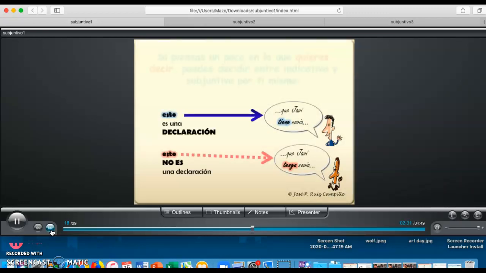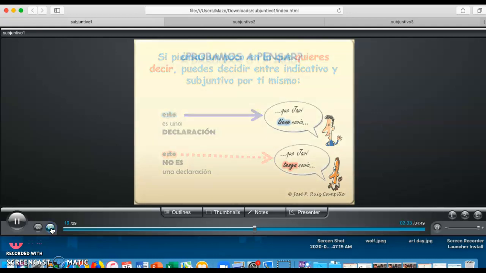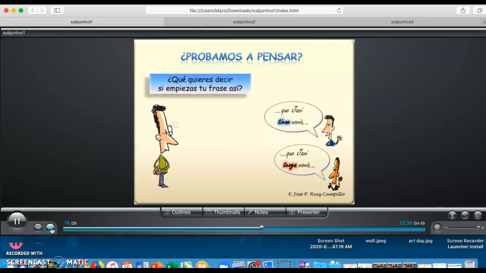So, declaration versus non-declaration. Something that gets repeated. Hopefully, it gets clear. So, probamos a pensar. Let's try to think. ¿Qué quieres decir si empiezas tu frase así? Now, I let you do it, right? If I say, ya sé, am I going to say, ya sé que Javi tiene novia o ya sé que Javi tenga novia?